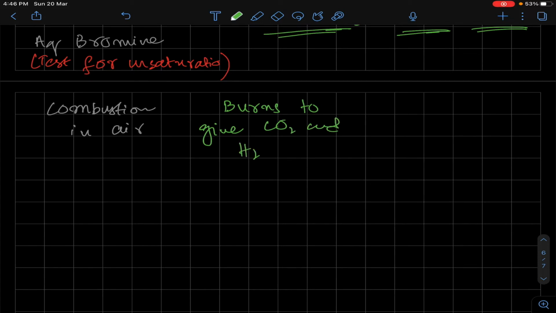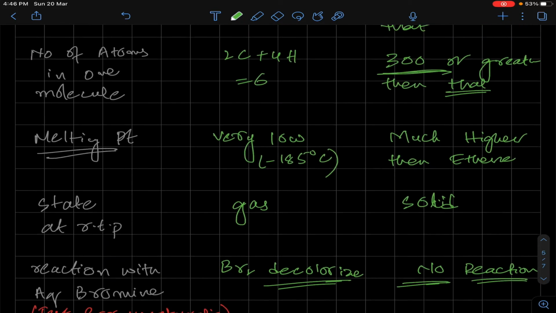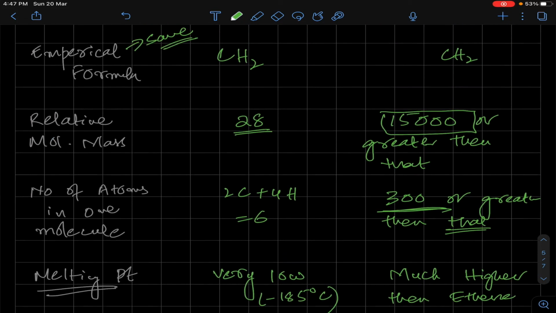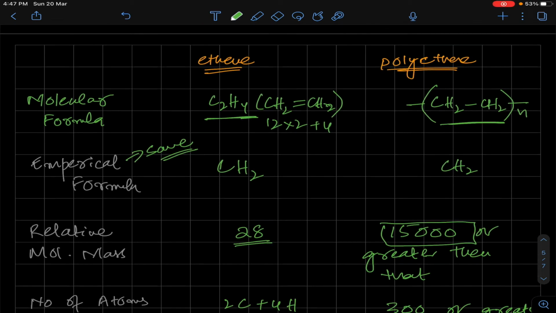That means combustion occurs. And polyethene, because this is also a hydrocarbon, also burns to give carbon dioxide and water. So this is similar for both the monomer and the polymer, right? These are a few things which we have to compare between the monomer and the polymer.